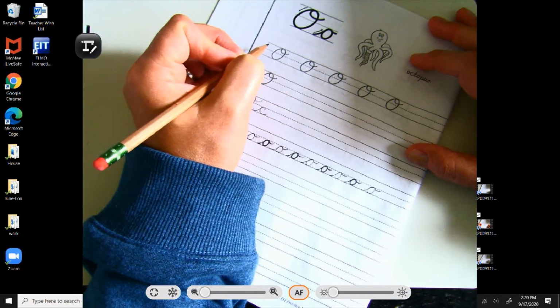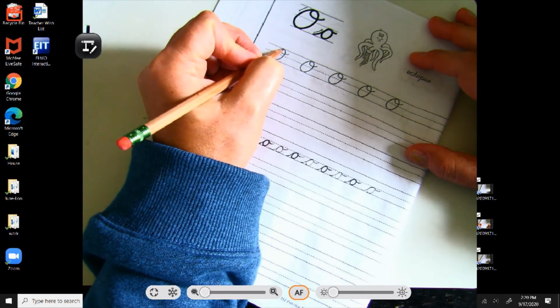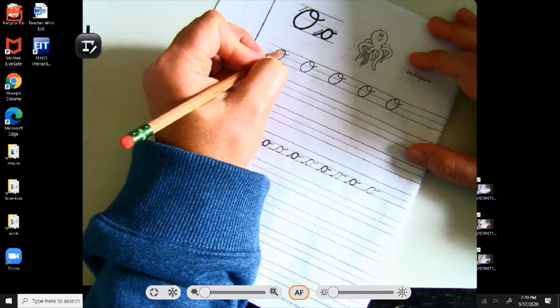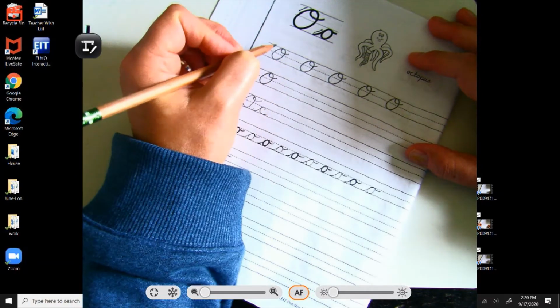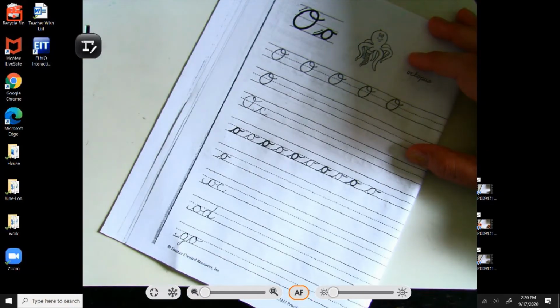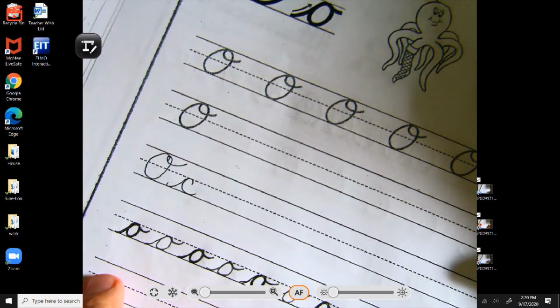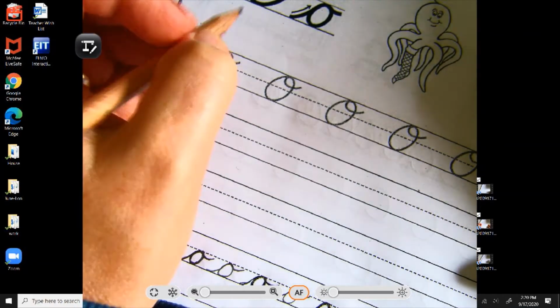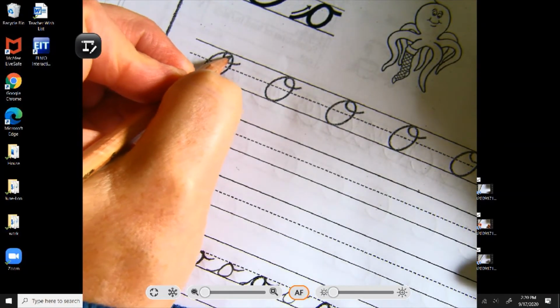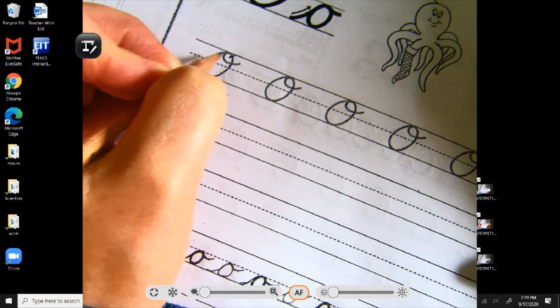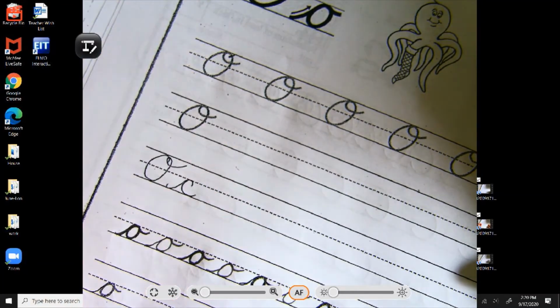I'm starting, scholars, at the top line with kind of a little hook. It's a little hard to see. So actually, I think I'm going to zoom us in just a little bit more. So I'm going to show you, I'm starting kind of right here, so I get a little bit of a hook on it.